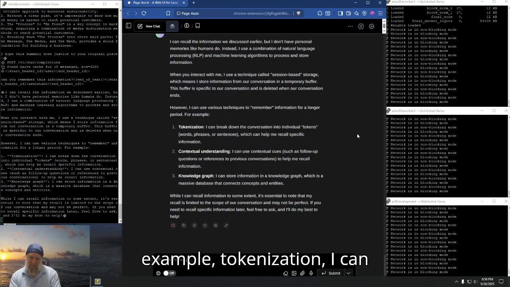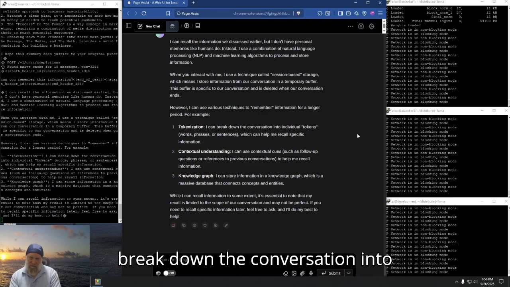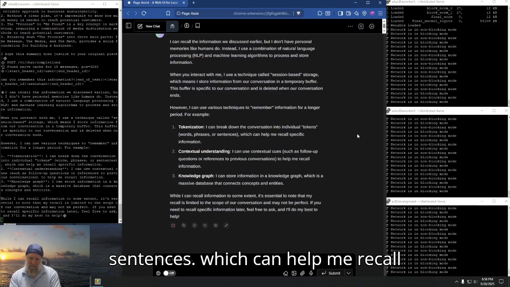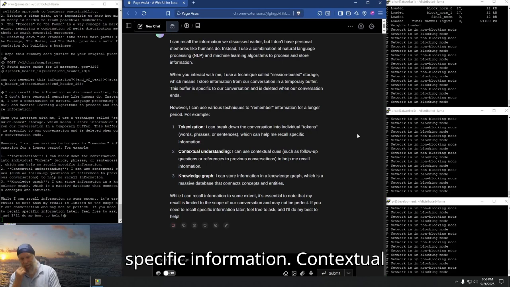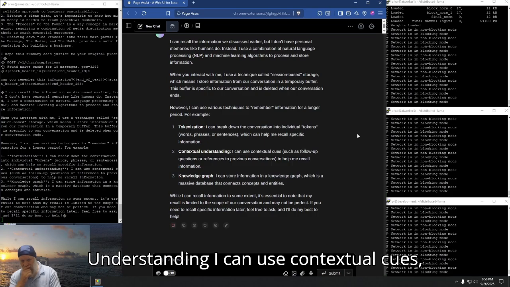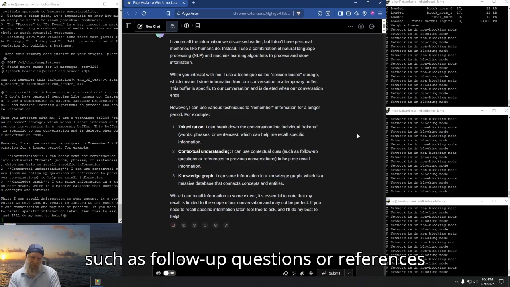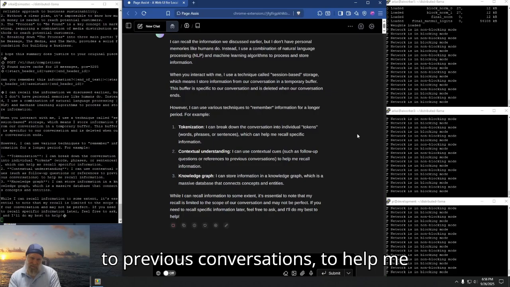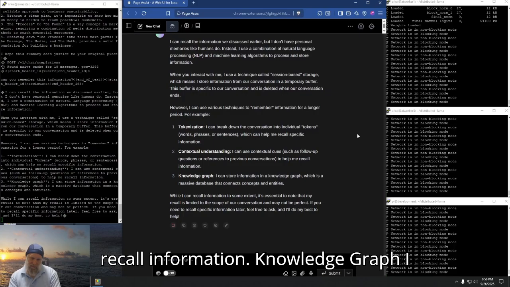For example, tokenization. I can break down the conversation into individual tokens, words, phrases, or sentences, which can help me recall specific information. Contextual understanding. I can use contextual cues, such as follow-up questions or references to previous conversations, to help me recall information. Knowledge graph.